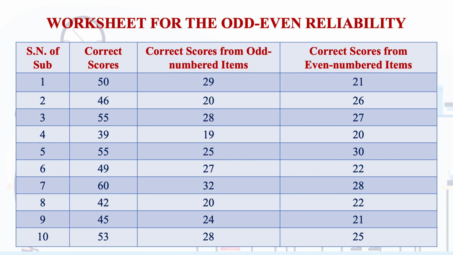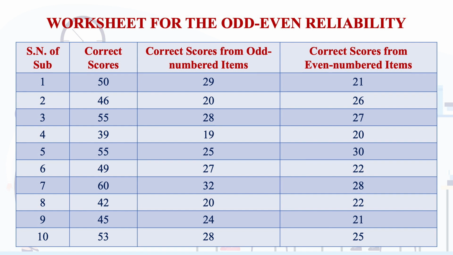So in this way you can also split the whole test, so far as items are concerned, into two equal halves. And here as an example, you see subject number 1 secured a score of 50, and the correct score from odd number items, let it be 29, and correct scores from even number items, let it be 21. Then accordingly student 2, total score is 46, from odd items 20 and from even items 26.